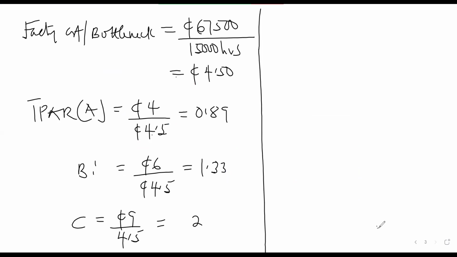The one with the 2. Okay, so assuming the company wants to produce any 2 of these products, which of these 2 products are they going to be producing? C and B.